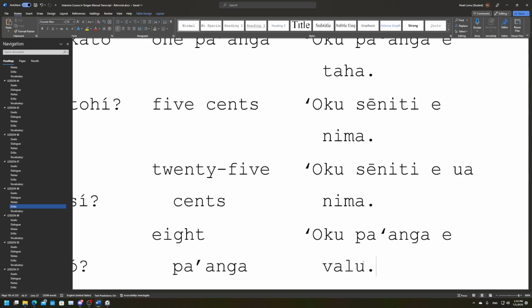Yoshikurukula, are you able to count to 10 in Tongan?